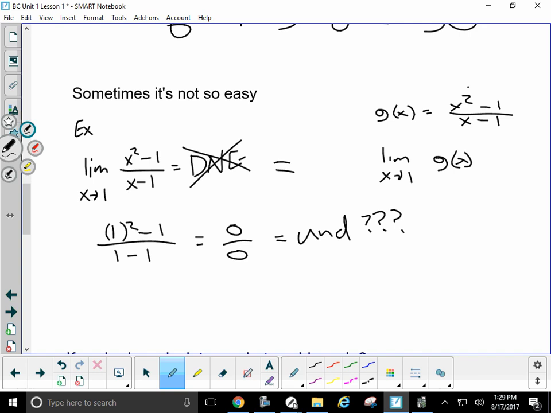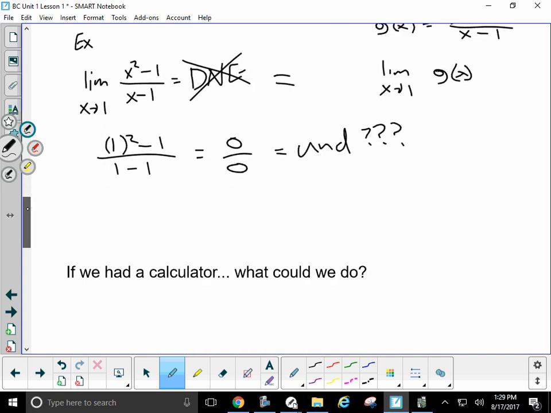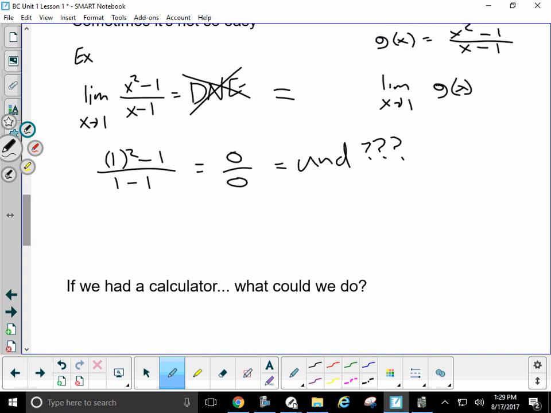Now, it's not easy to graph that by hand. So let's use a calculator to help us out. Okay, so if you have a calculator, break it out. If you don't, grab one from the front. And I want you, using the graphing capabilities of your calculator, to find this limit.